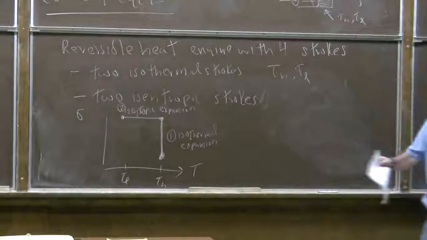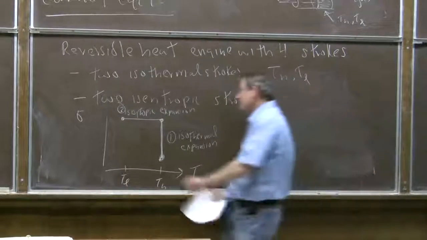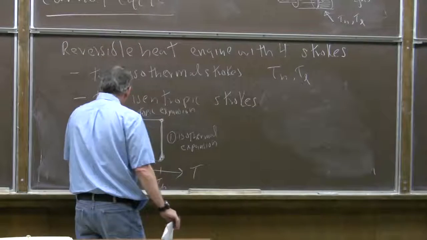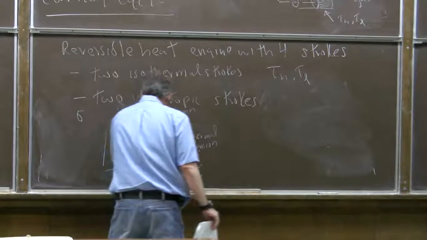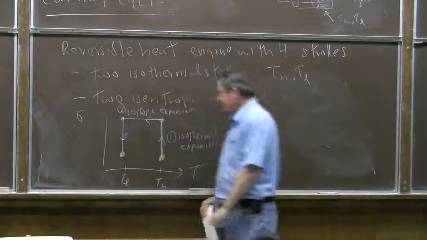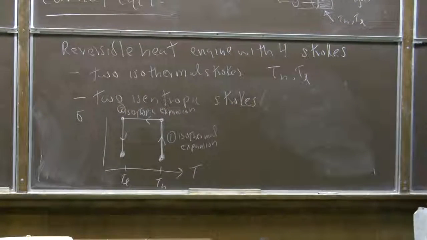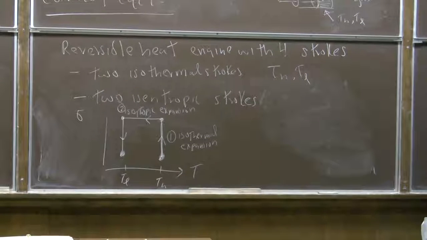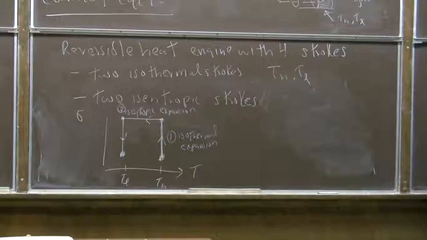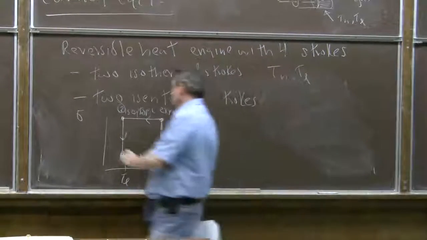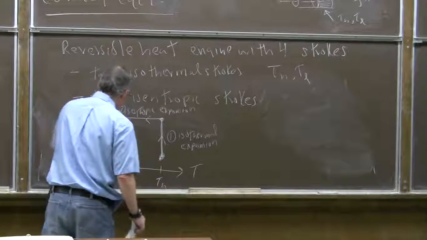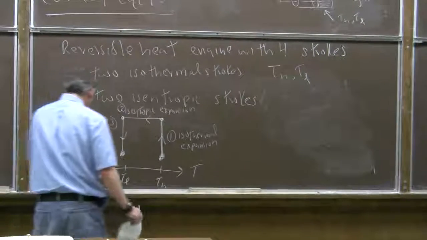Now we've got it cooled down to tau L. We let it come into contact with the low temperature reservoir. But now we have to get the entropy out. So now we're going to compress isothermally so that entropy flows from system to lower temperature reservoir. So that's step 3, which is isothermal compression.